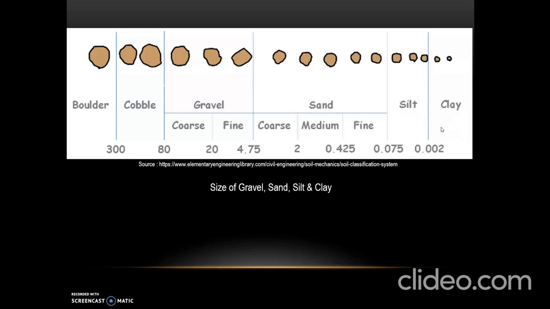And the soil having particle size less than 0.002 mm is referred to as clay. If, let us say, in the problem it is mentioned that 0% of the soil passes through 0.002 mm, then that means the soil doesn't contain any clay particles, but it will have only silt.